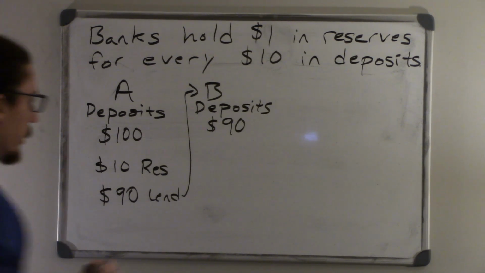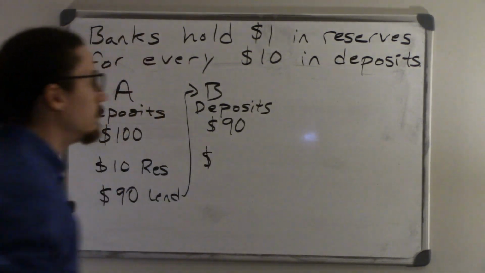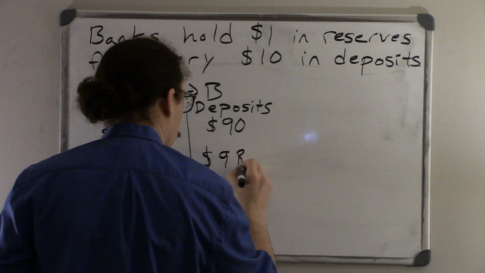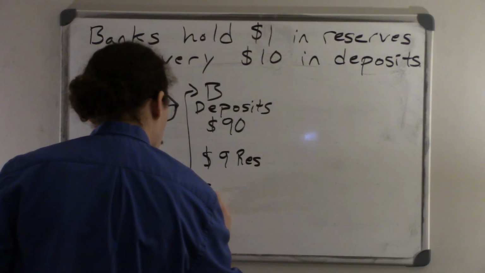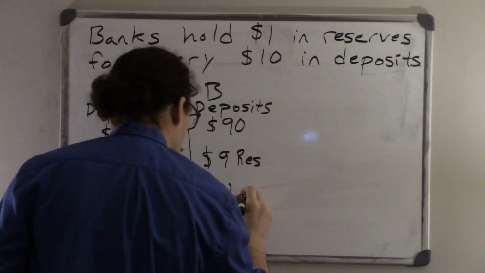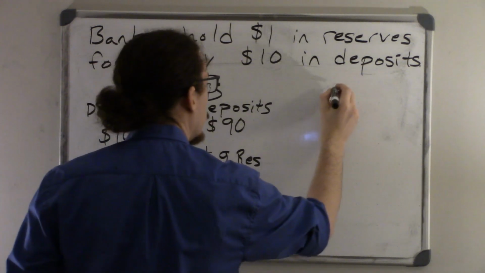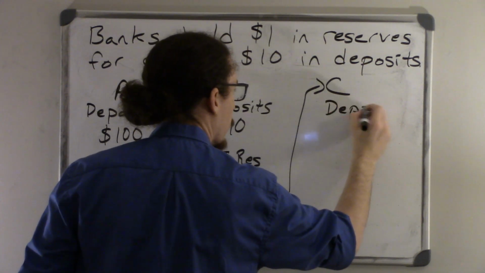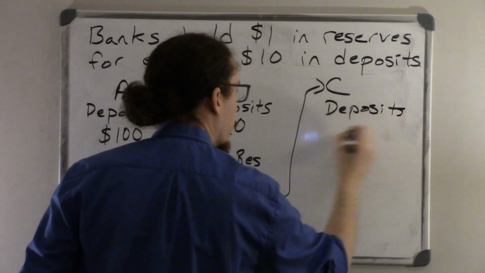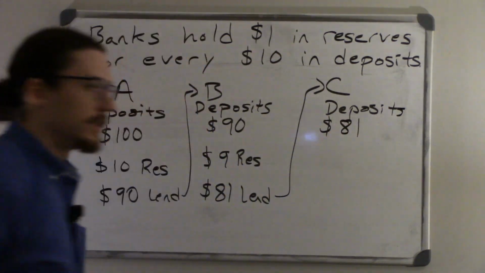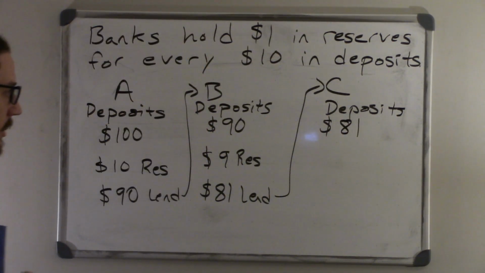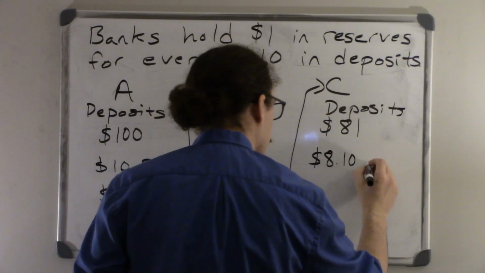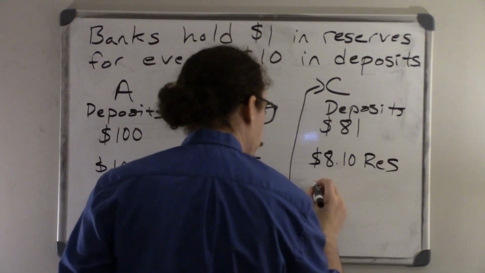Then that bank is going to take $1 for every 10, so $9 to hold in reserves, and they're going to take the remaining $81 and lend that to person C. You probably know where this is going. Person C deposits that $81 that they have been lent, and their bank is going to hold $8.10 in reserves.